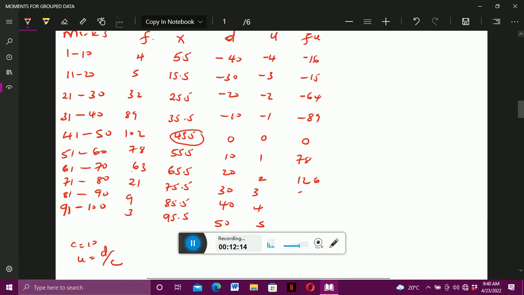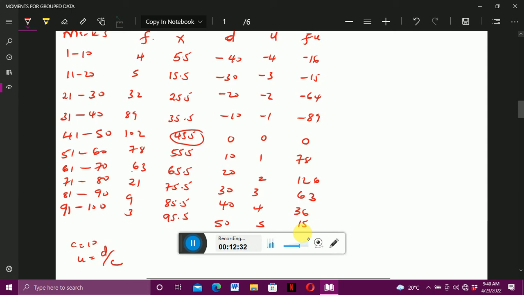Then we have 63. We'll have 36 as 9 times 4, and we'll have 15. We are going to be summing the sum of frequencies, the sum of fu, the sum of fu squared.